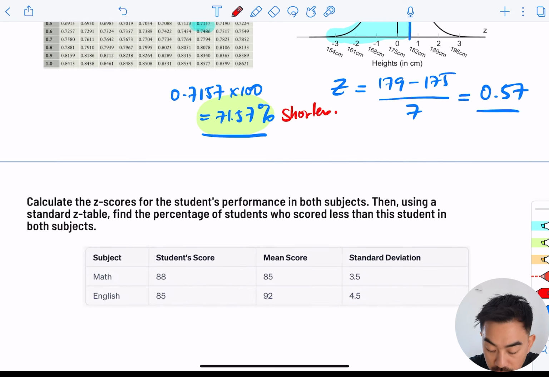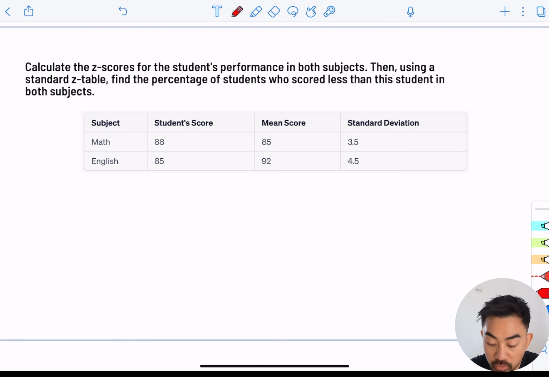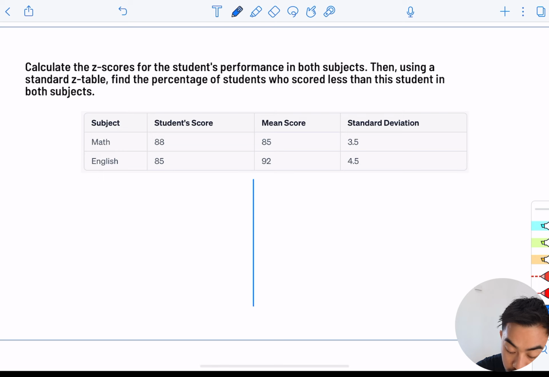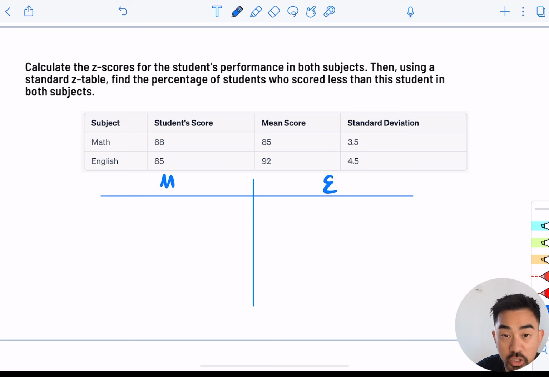Okay? Let's have a look at the next question. Calculate the z-scores for the student's performance in both subjects, then using a standard z table, find the percentage of students that scored less than this student. So, very similar exercise. Let's just set it up as a table to make it easier for myself. So here we've got maths, here we've got English.